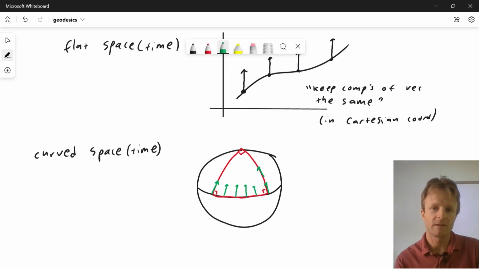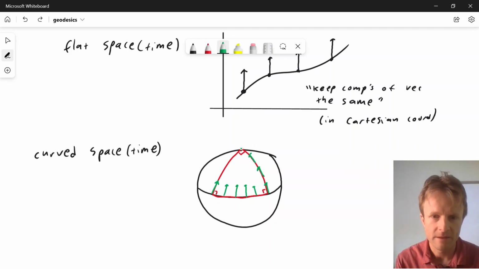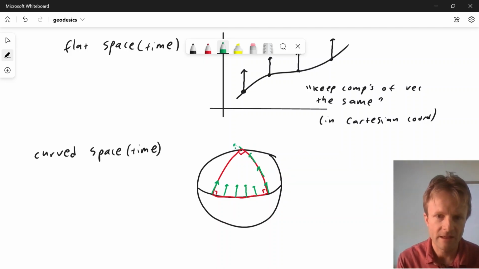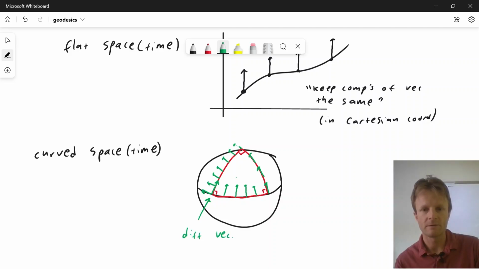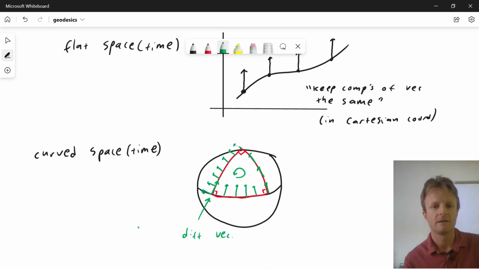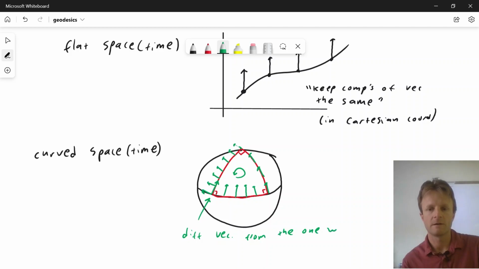Now, as we keep it pointing tangent to this line as we walk, so it's kind of going out like that, and then we keep it as we go like that, and you can see that at the end of the day, we come back to a different vector. So we went around this loop, we parallel transported it, and we got a different vector from the one we started with after parallel transport around a closed loop.